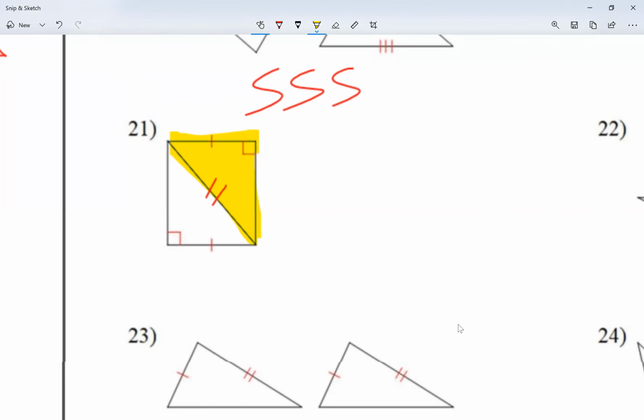I'm gonna focus on this one. There's two things marked, right? Two sides or two angles. And well, you should see two sides, right? So let me write two S's. And then let me ask you, is the angle the included angle, right?